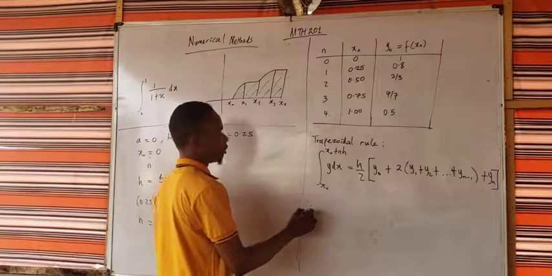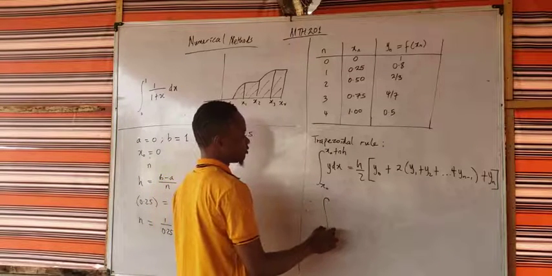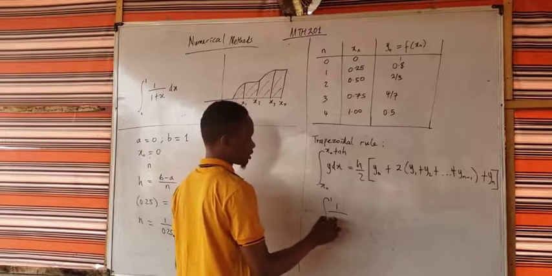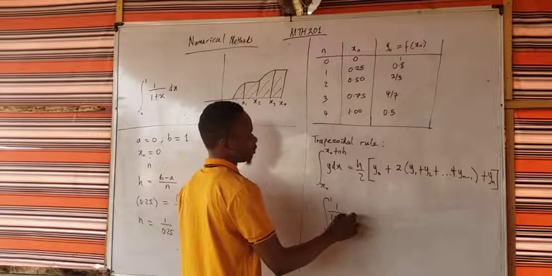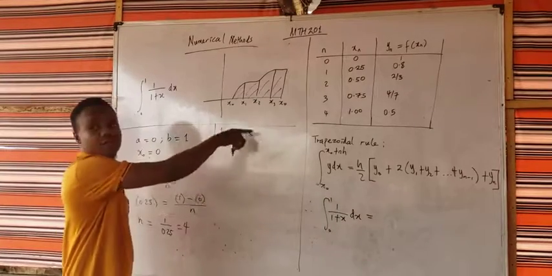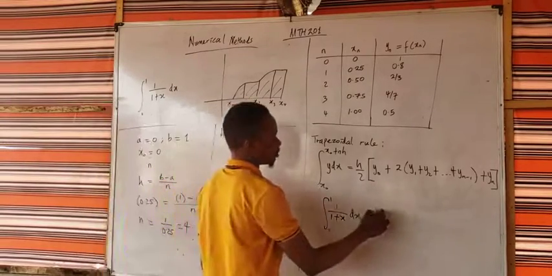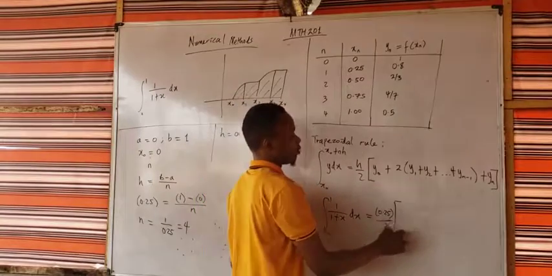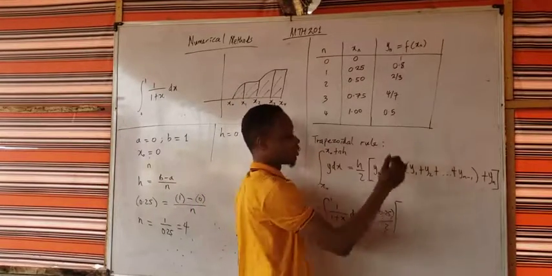So for our problem here, the integral from 0 to 1 of f of x dx, where f of x is 1 over 1 plus x, this is going to be h over 2. What is h? It is 0.25. So this is going to be 0.25 over 2 multiplied by y0. What's y0? 1.